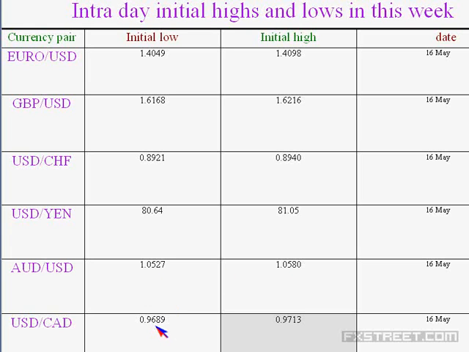And Canadian dollar 96.89 and 97.13, they are not breached. So only in the case of Euro and CHF did they breach the high and the lows, which indicates that they are expected to make only currency specific moves today, and mostly they could handle the crosses as well.